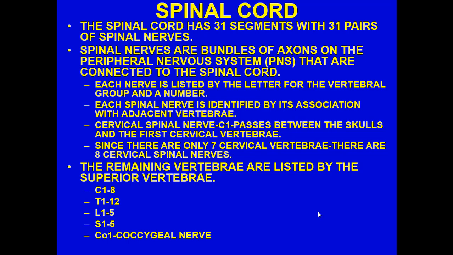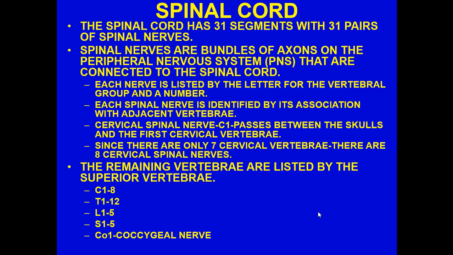Now, the cervical spinal nerve C1 passes between the skull and the first cervical vertebra. Since there are only 7 cervical vertebrae, there are actually 8 cervical spinal nerves. The remaining nerves are listed by the vertebra superior to them. So what we're looking at here is C1 through C8.